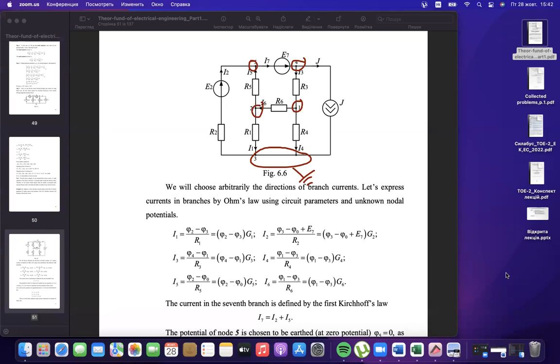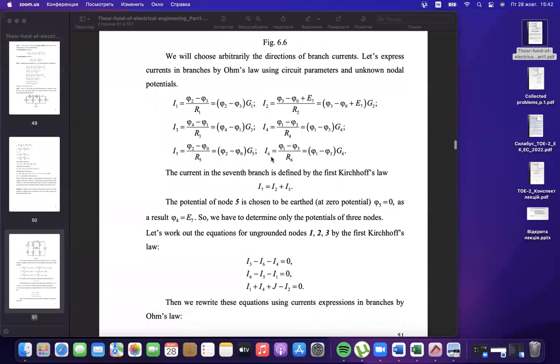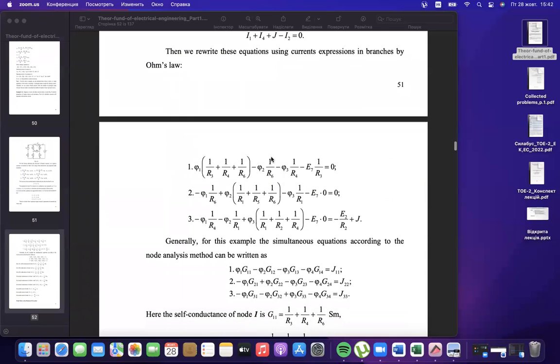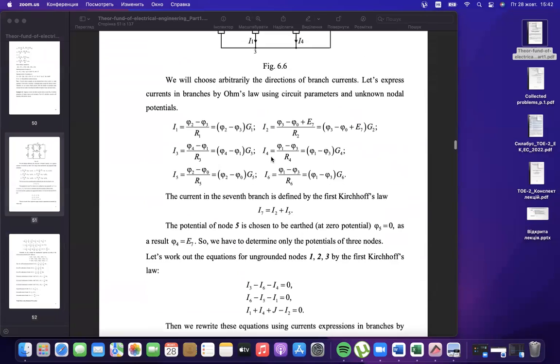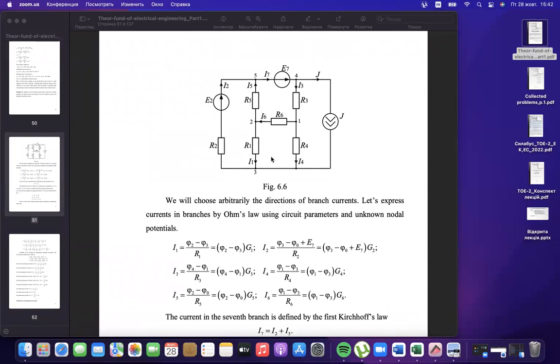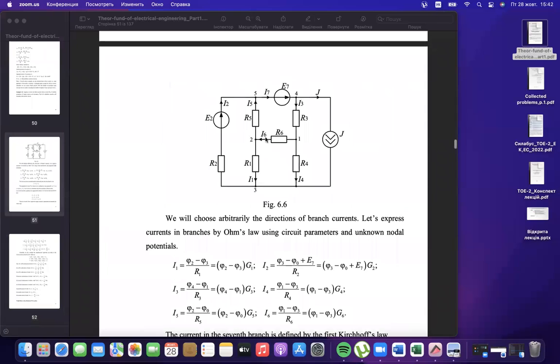For this case, mesh current, I think even, okay, no. There is a specific case because of the electromotive force. I will tell it just now. Almost forgot.